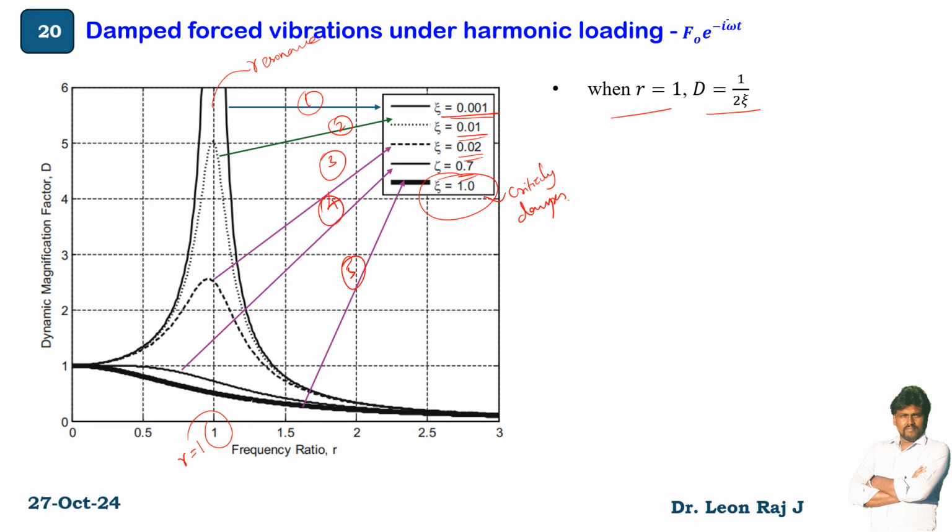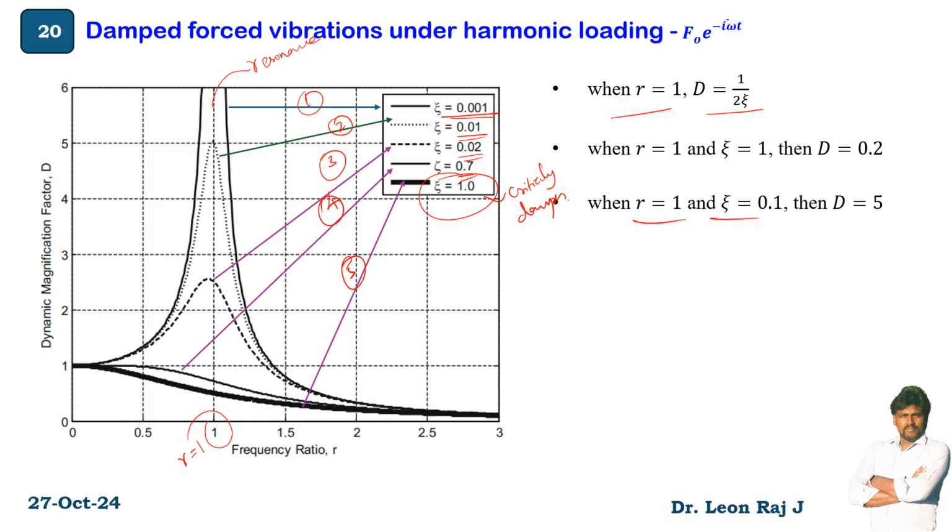When R equal to 1, D equal to 1 by 2 xi. R equal to 1, xi equal to 1, D equal to 0.2, R equal to 1, when xi equal to 0.1. Actually, these are all inputs. Just to explain this, I am giving this. Then D equal to 5, when R equal to 1 and xi equal to 0.01, and D equal to 50. So you need two terms actually to get the dynamic magnification factor.